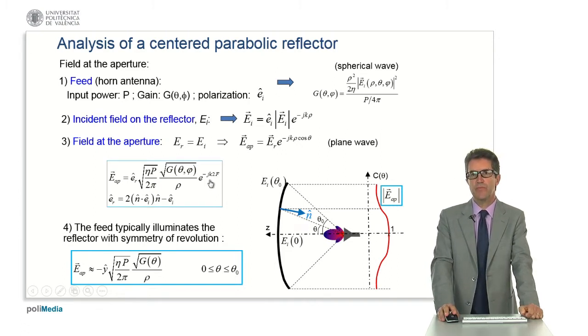This is the important consequence of the parabolic geometry. Also, we have the polarization defined according to Snell's law. So finally, if the feed typically illuminates the reflector with some symmetry of revolution and linear polarization, the field at the aperture can be simplified in this way.